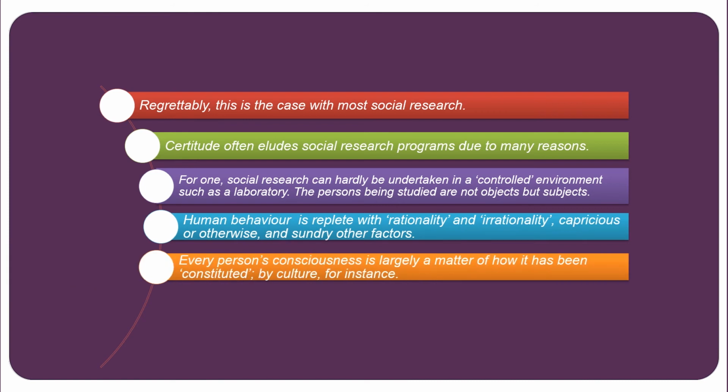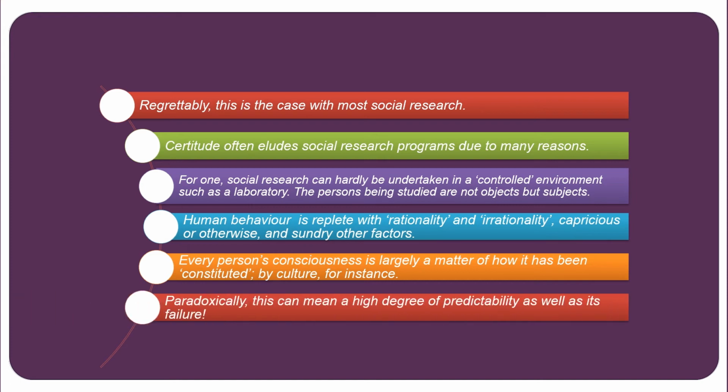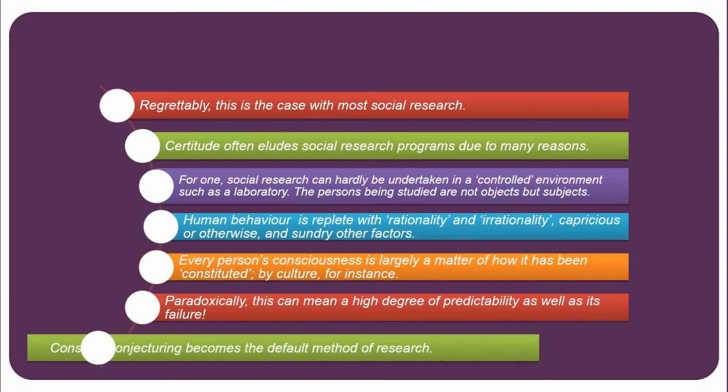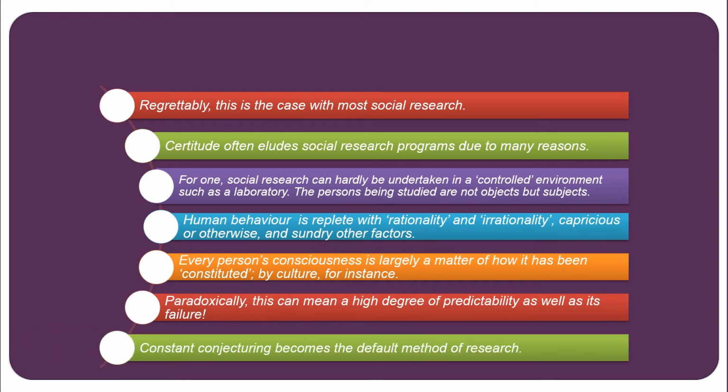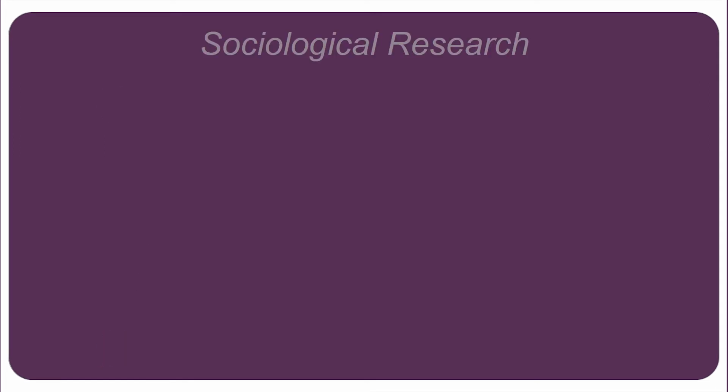Even a person's consciousness is largely a matter of how it has been constituted by culture, for example. Paradoxically, this can mean a high degree of predictability as well as its failure. Constant conjecturing becomes a default method of research.